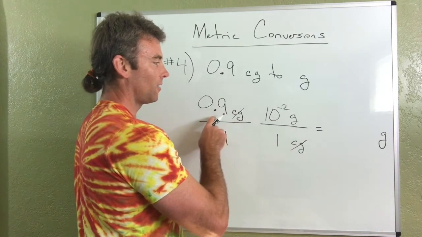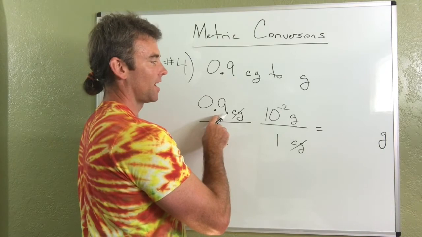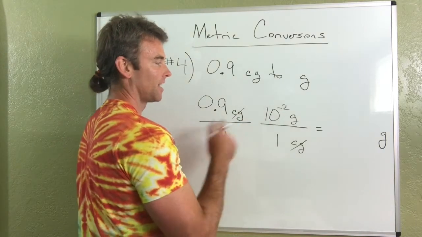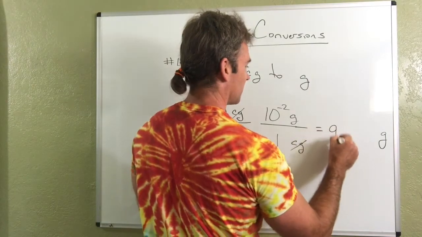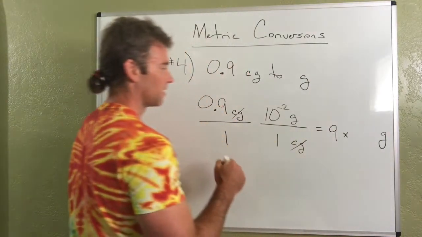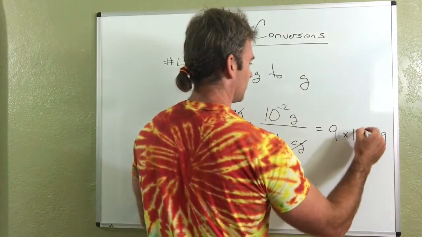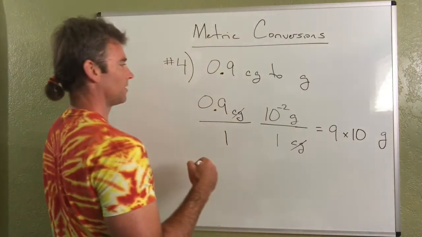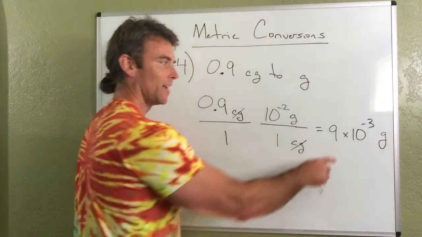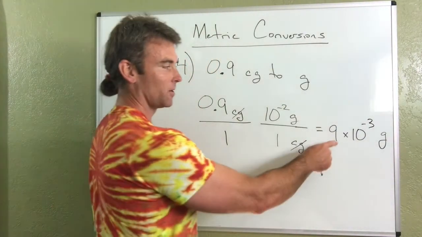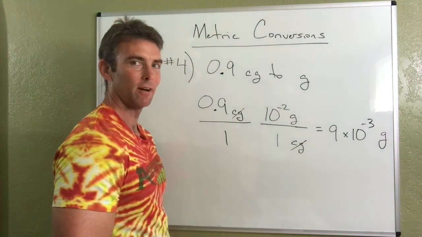And so now we have got 0.9 times 10 to the negative second. You can enter it into your calculator if you want to. And your calculator will either give you something that looks like this. Keep in mind the weird thing about scientific notation, you always have to have a whole number digit right there.